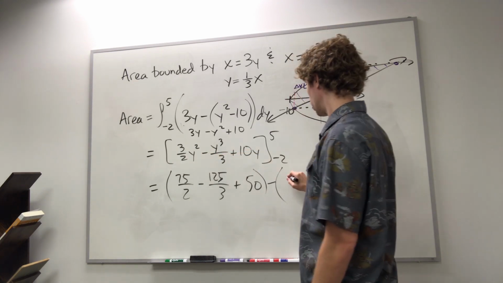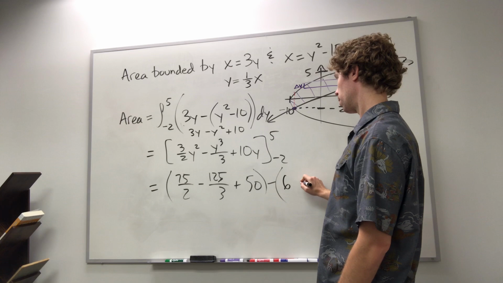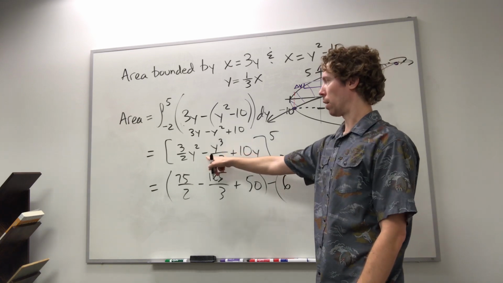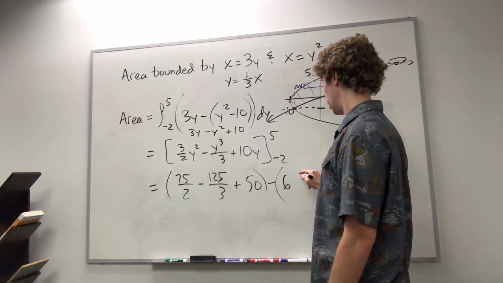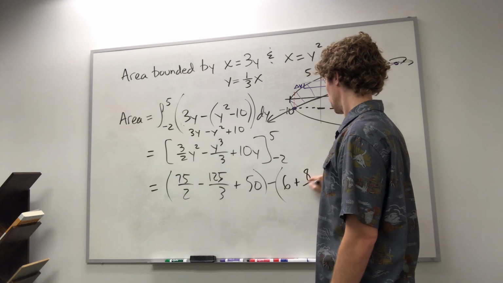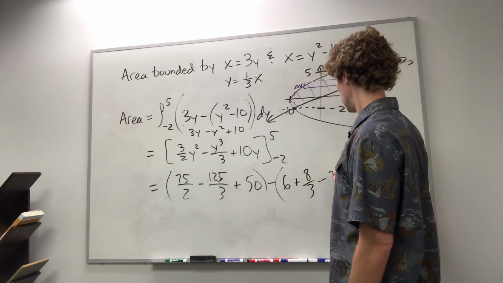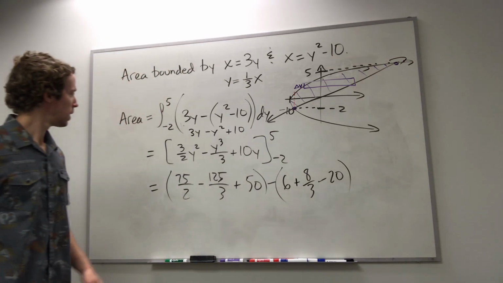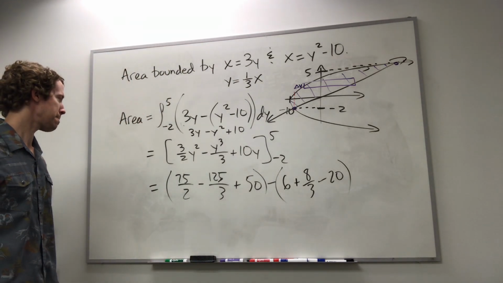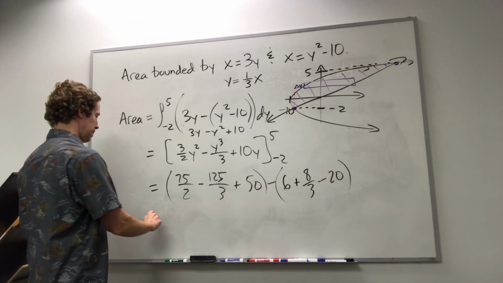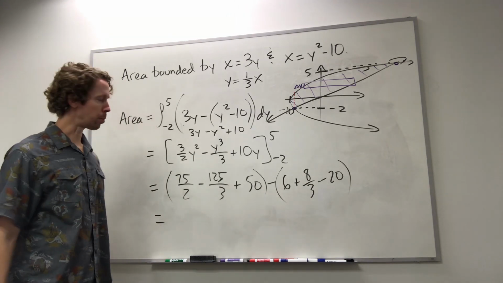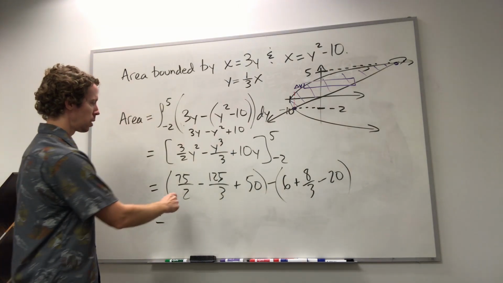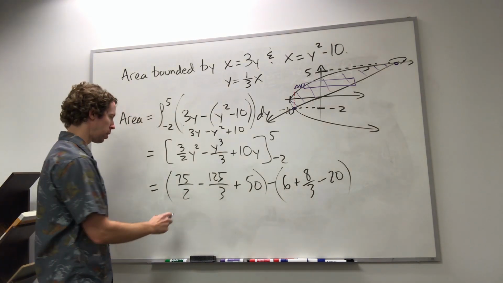Four over 2 is 2, so I get a 6 there. I'll have a minus a negative 8 thirds, so positive 8 thirds. I'll interpret everything in terms of sixths, since that's my least common denominator.